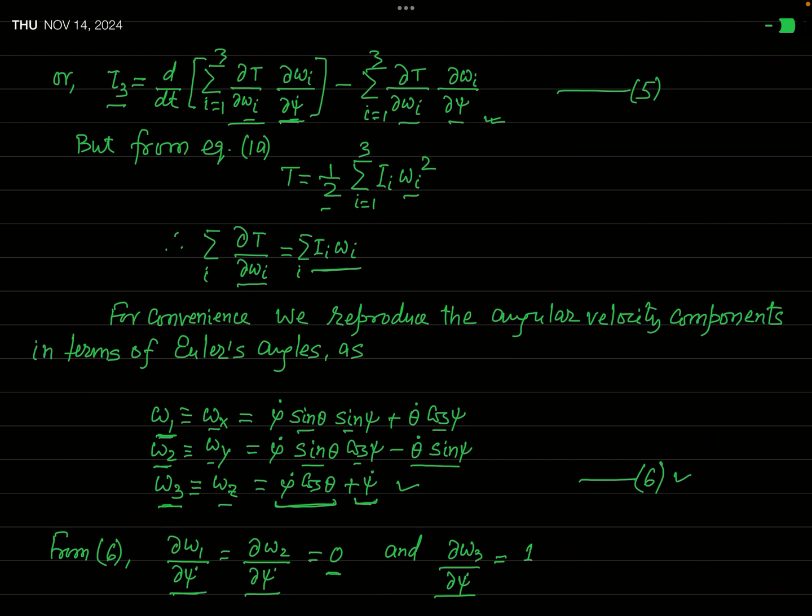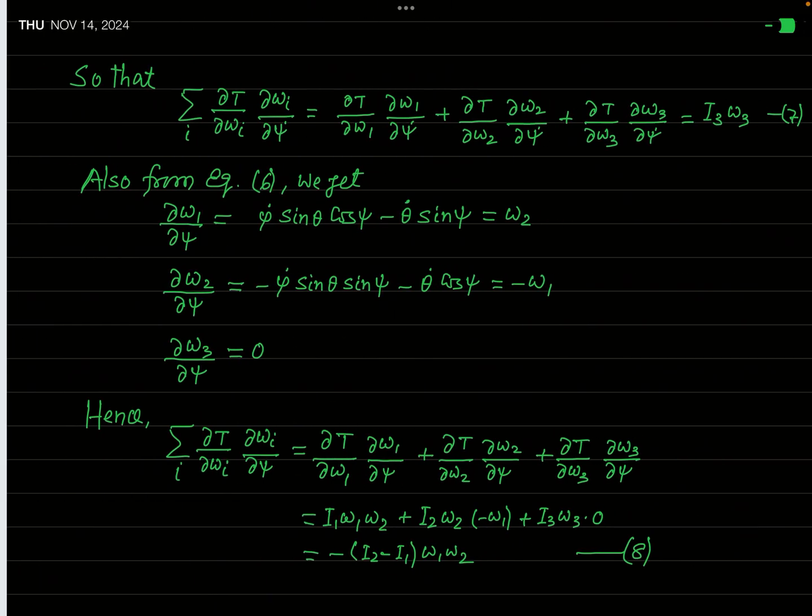But when you differentiate psi dot with respect to psi dot, that will be 1. Therefore, del omega 3 by del psi dot is equal to 1. Okay. Now, we will substitute all these values in this equation 5 to get the value of tau 3. So let us see.